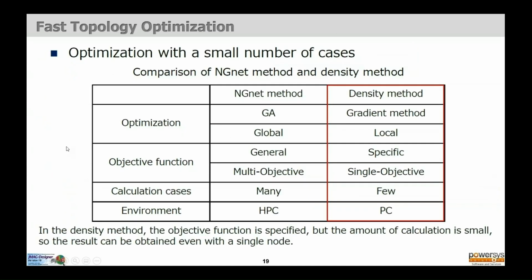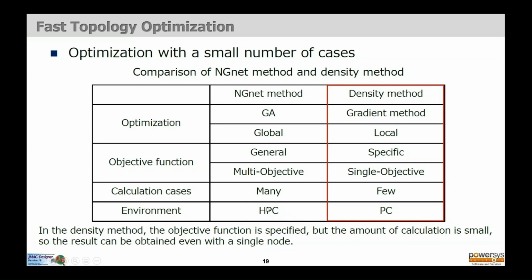Another piece of information that I want to give you is that we have also implemented another method, the density method, which is much faster than the advanced method. You have seen that the advanced method requires a lot of cases, and you need a good computer in order to obtain the Pareto curve.